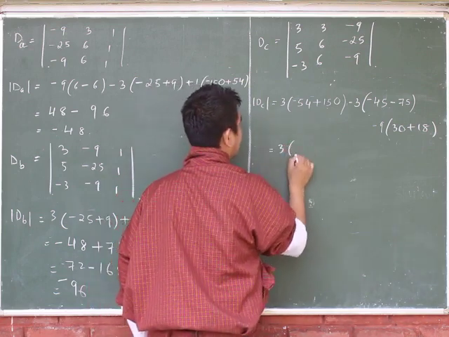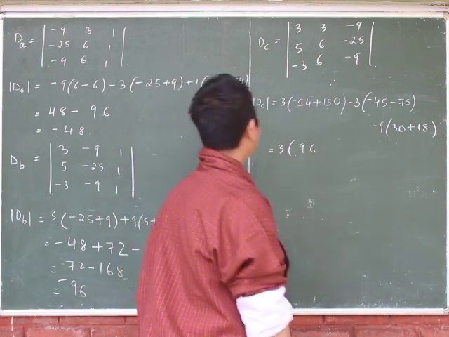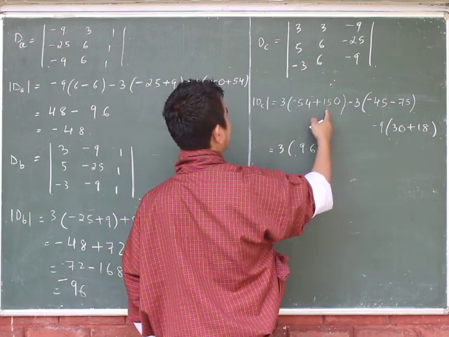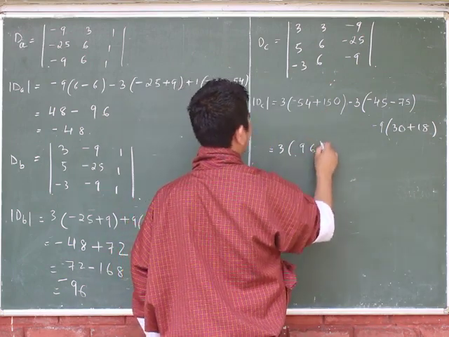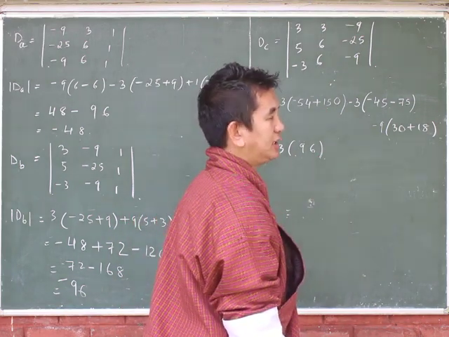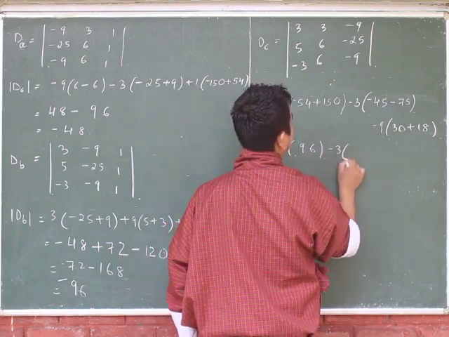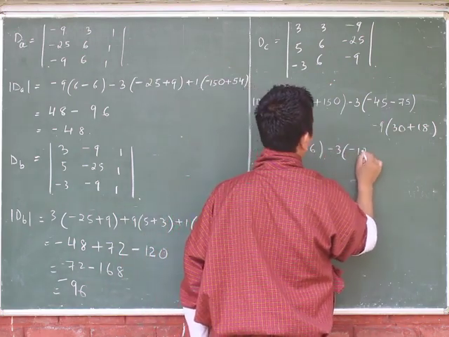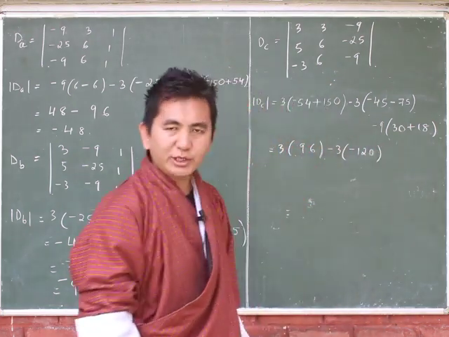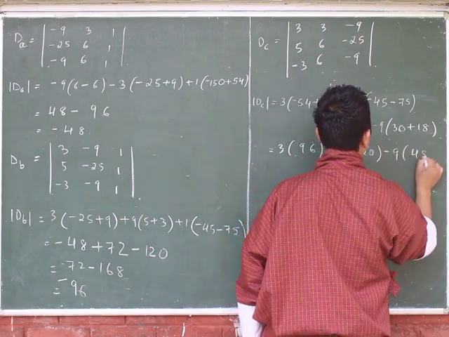3 times we have here 96. Then minus 3 times this one will be negative 120. Then minus 9 times we have here 48.